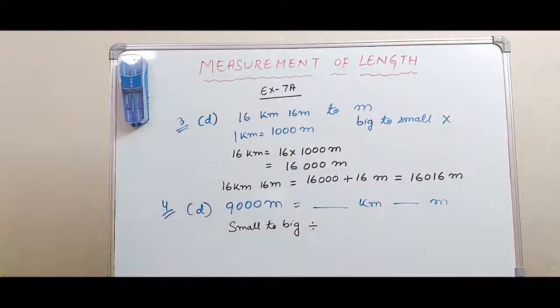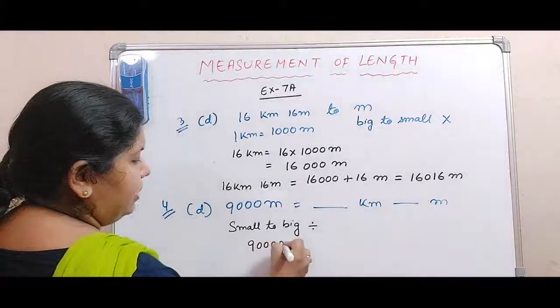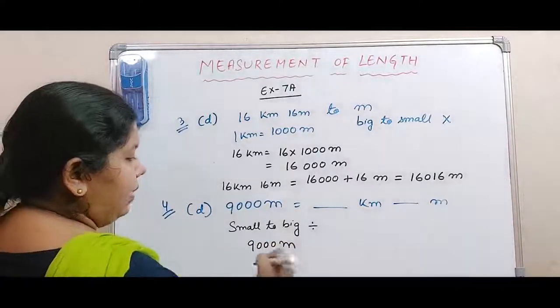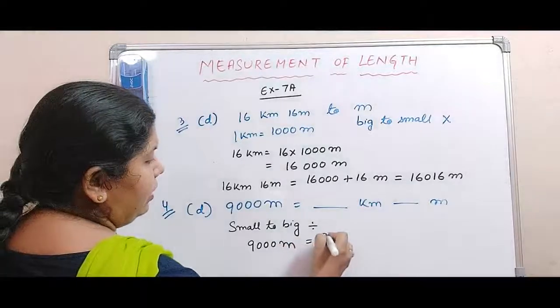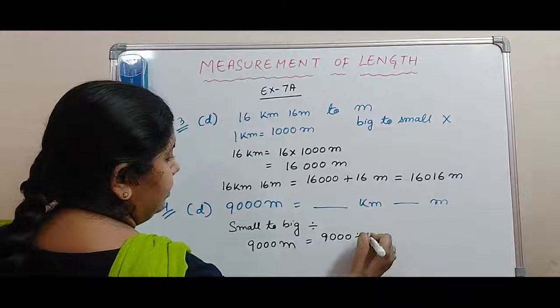This is the first thing. So 9,000 meter means you have to divide it by 1000. 9,000 meter is equal to 9,000 divided by 1000.